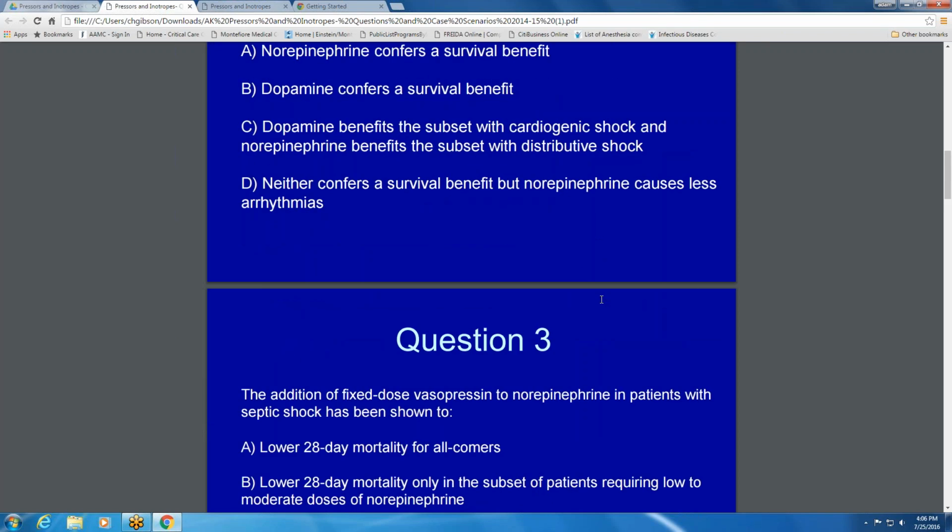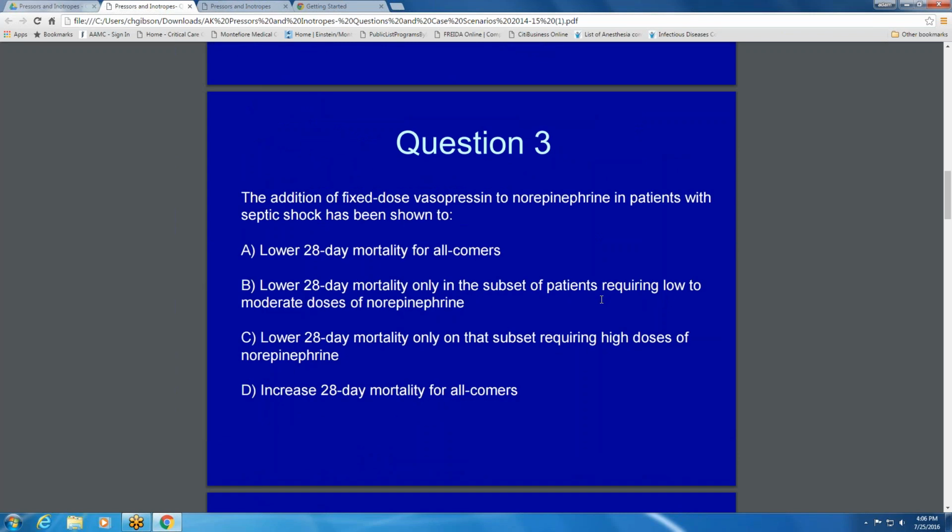So, okay, question 3. The addition of fixed-dose vasopressin to norepinephrine in patients with septic shock has been shown to which of the above? Weiler says B. Thank you, Weiler. Okay, right.